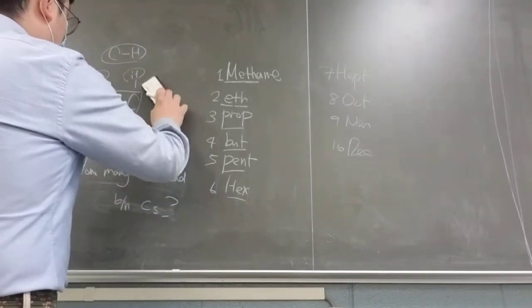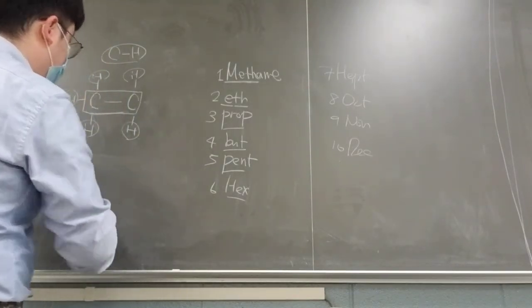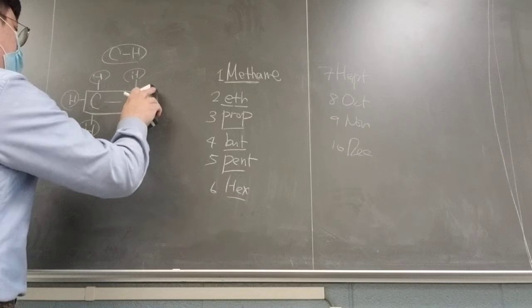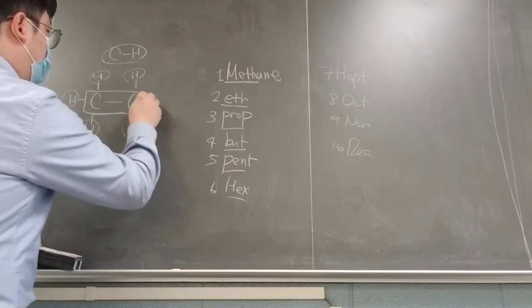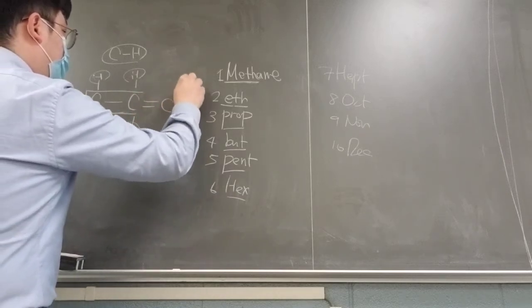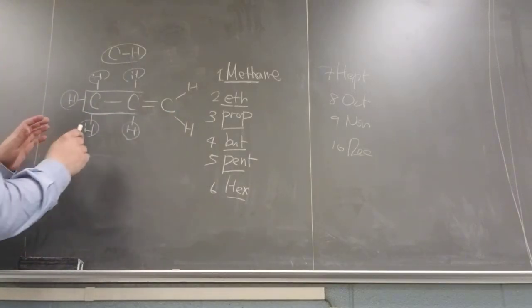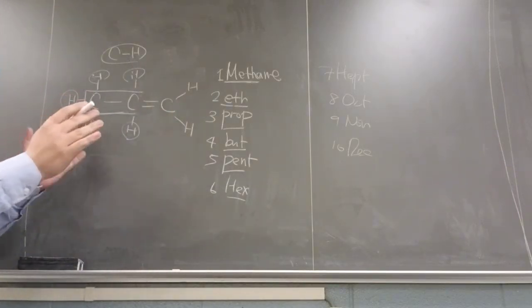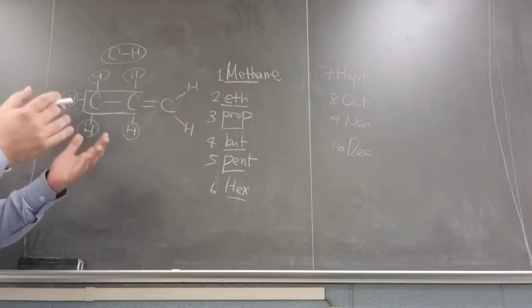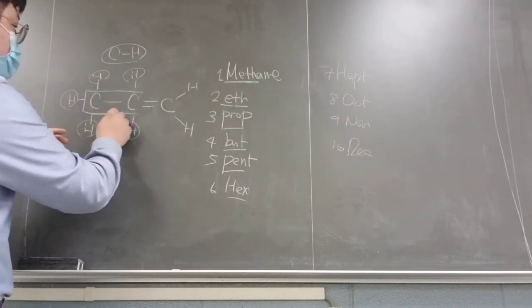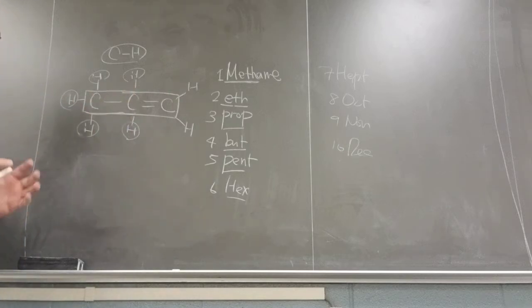If I do this one, once again, maybe the question would be like, how many sigma and pi bonds will be there in the carbon chain, which is only the ones in carbons. You don't have to worry about the carbon to hydrogen.